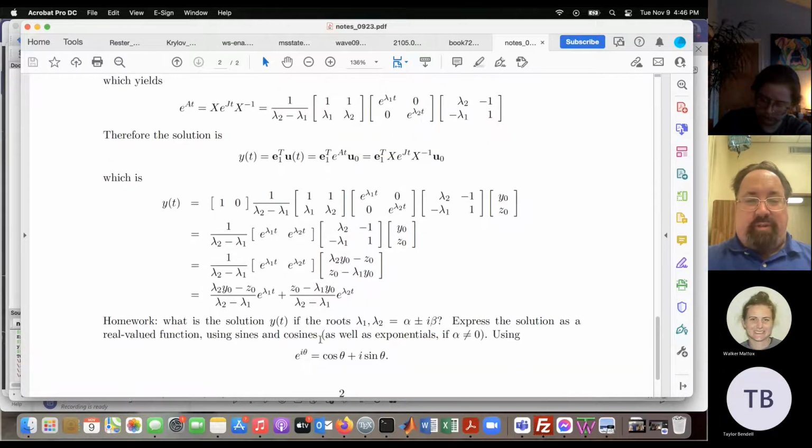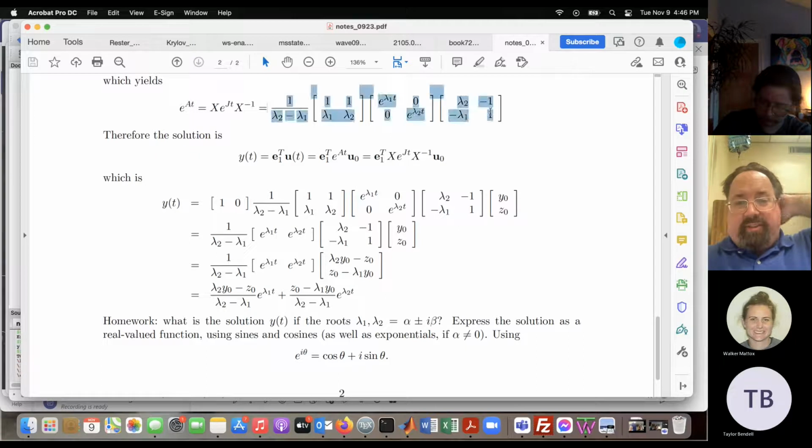That's why I had to do this third problem. If lambda 1 and lambda 2 are complex, then this whole thing is complex, and the goal is to make the solution formula real. So you can use this with the complex eigenvalues involved.